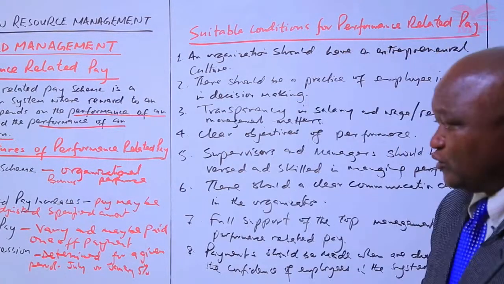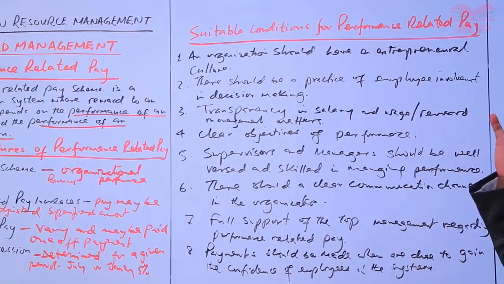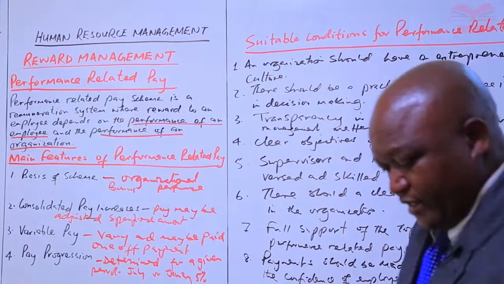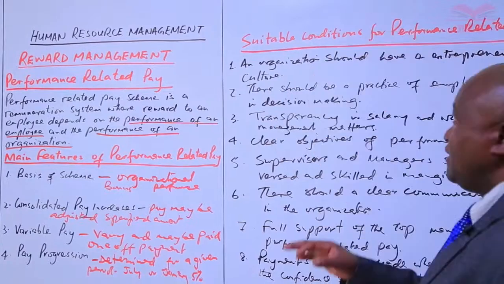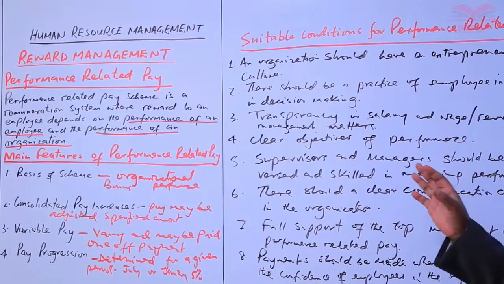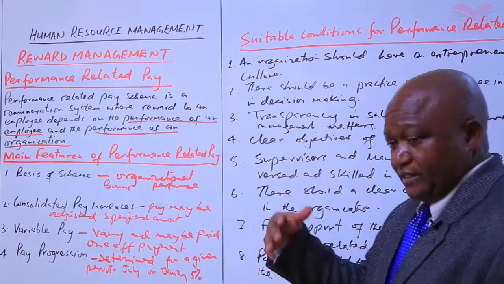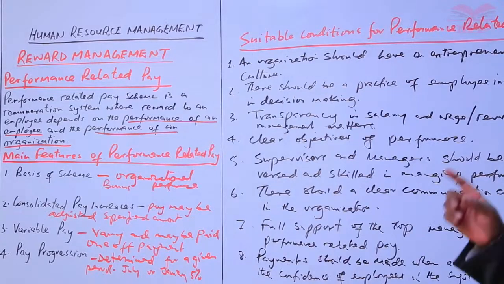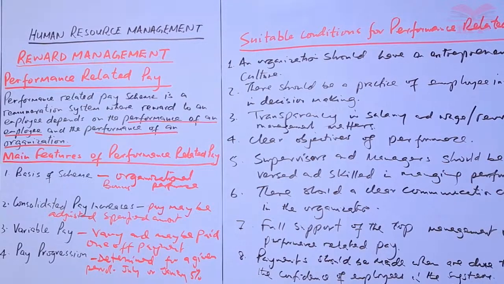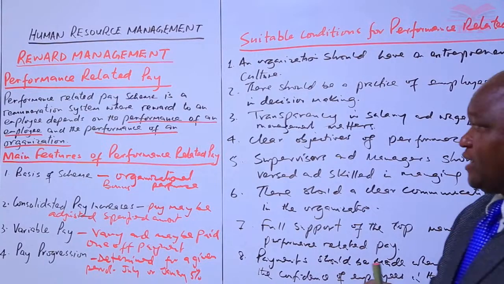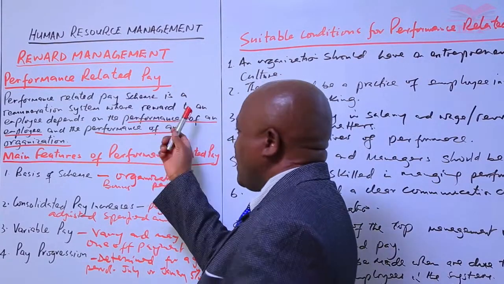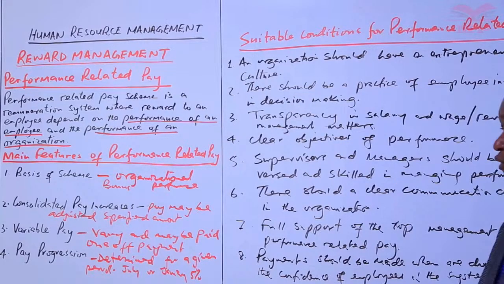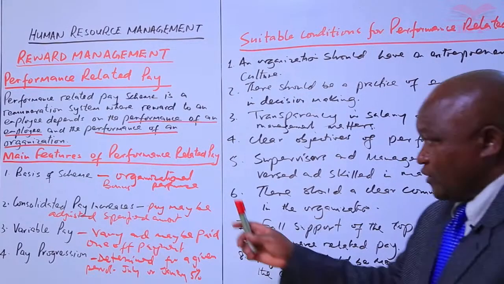So these are some of the factors that should be suitable conditions for performance-related pay to succeed within a given organization. Today we have looked at the performance-related pay area of reward management, and we have listed some of the suitable conditions. We can very quickly revise: performance-related pay is a remuneration system where reward to an employee depends on the performance of the employee and of the organization.